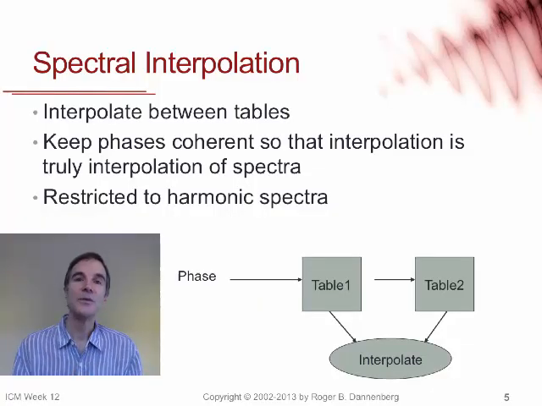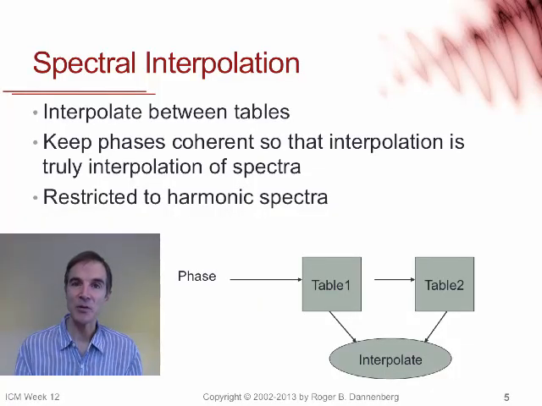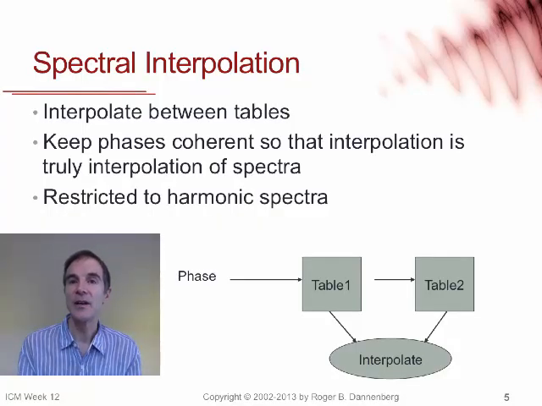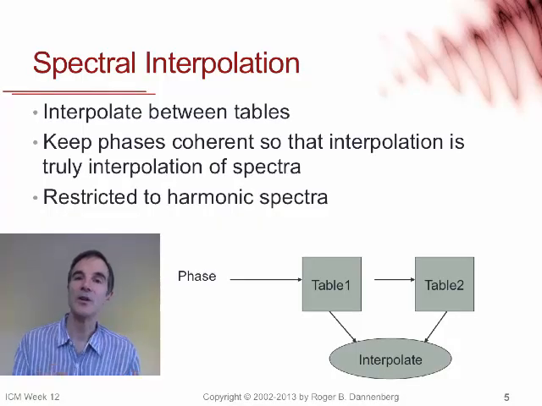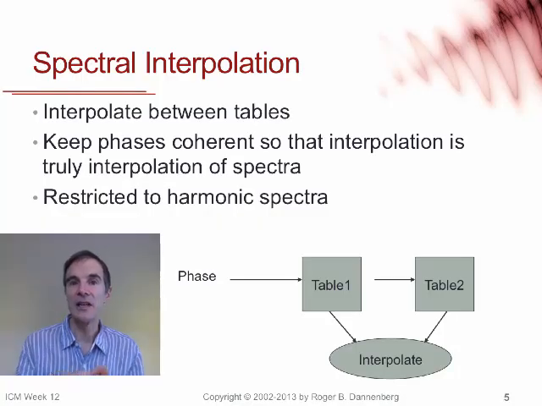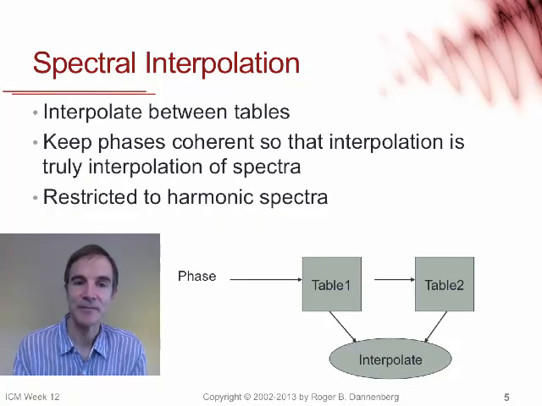If you want to do interpolation between tables, which is very efficient, then it's important to keep the phases coherent between the two tables so that when you interpolate from one table to the next, the phases are lined up and you don't get any phase cancellation.